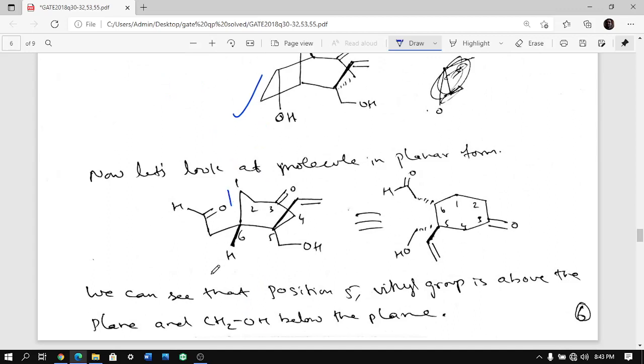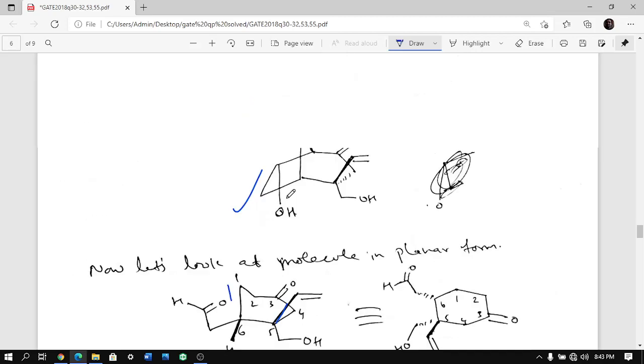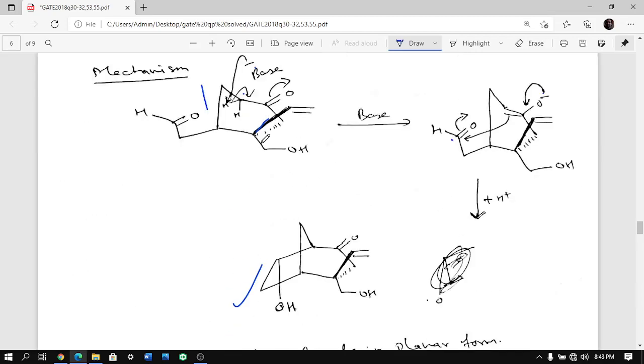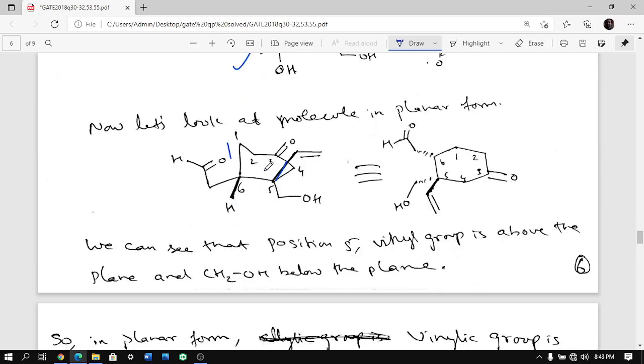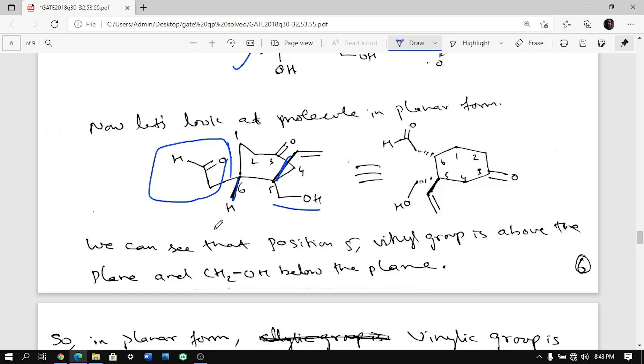When you break here, let us look at the stereochemistry. In the starting material, this was top and this was down, so this will be towards the viewer and this will be away from the viewer. Similarly, this H will be towards the viewer and this whole broken part will be away from the viewer when you draw the planar structure.